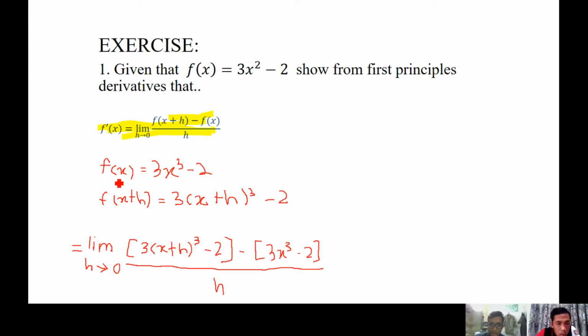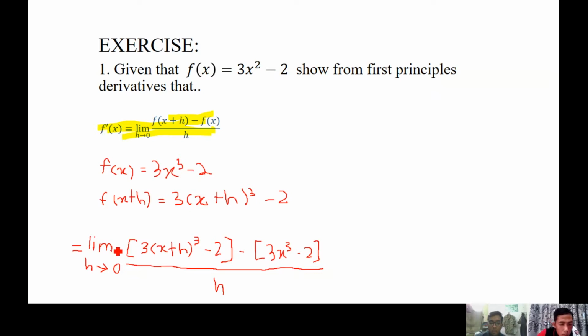So the question we must take out, to differentiate the x. So we differentiate x to x plus h. So we change the x to x plus h into the x tangent.